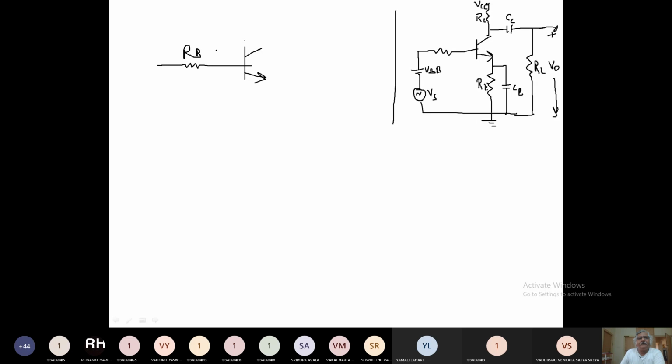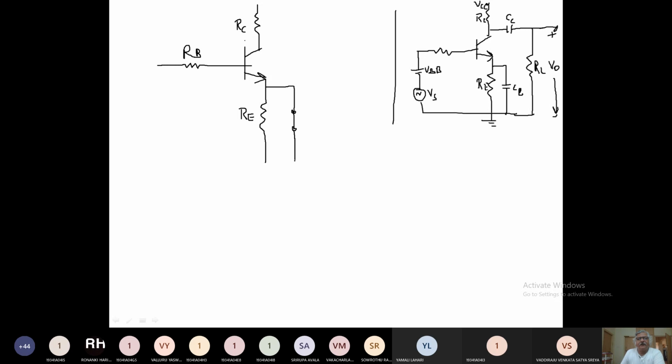This is your RB. Here we have RC. Here we have RE. Now across RE there is one capacitor, and that capacitor has to be short circuited.